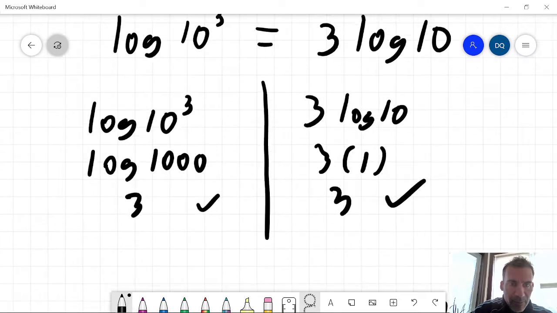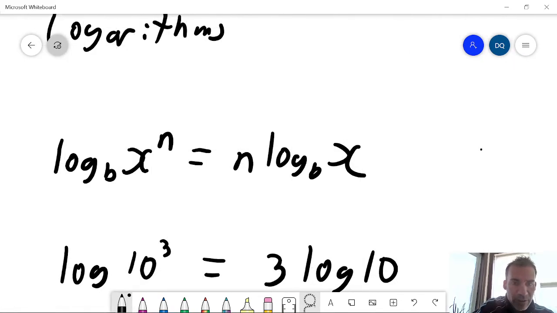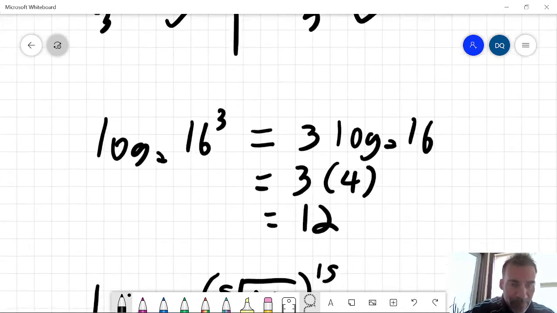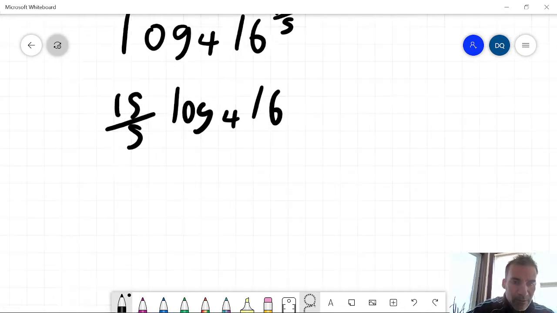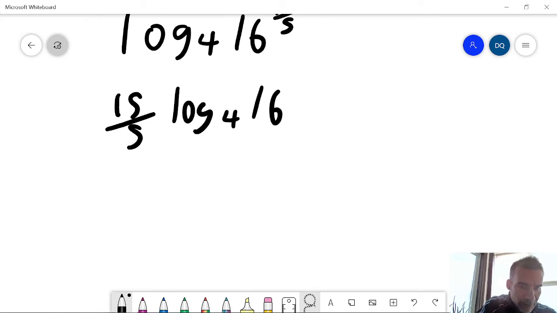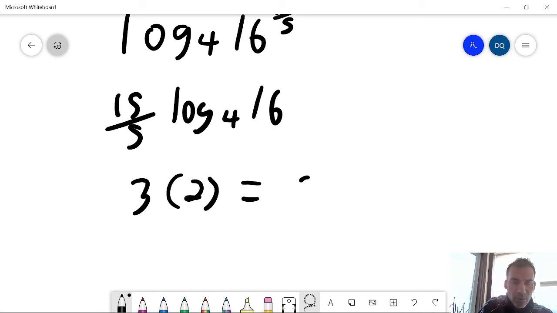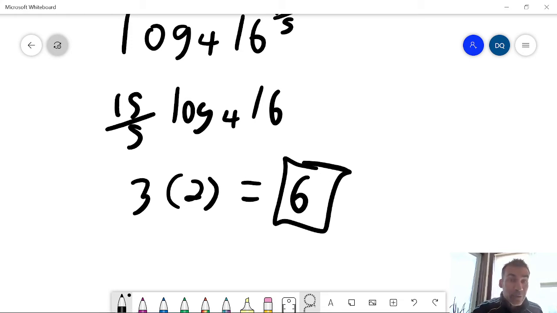Again, the power law is whatever the exponent is, you can just bring it down and multiply the log by that exponent. So the exponent turns into a factor. 15 divided by 5 is 3, so this is 3. And the base 4 log of 16, 4 times 4 is 16, so the base 4 log of 16 is 2. So the whole thing is equal to 6. That's using the power law.